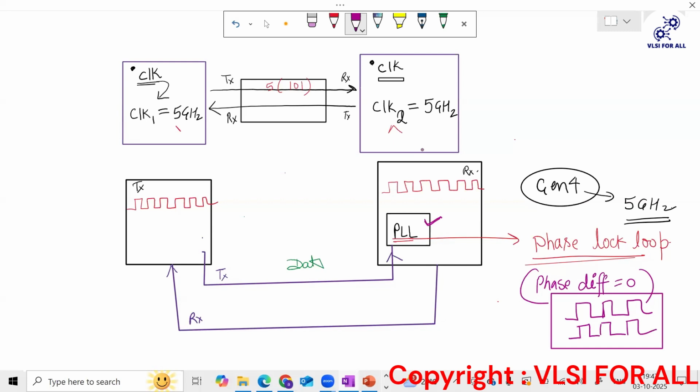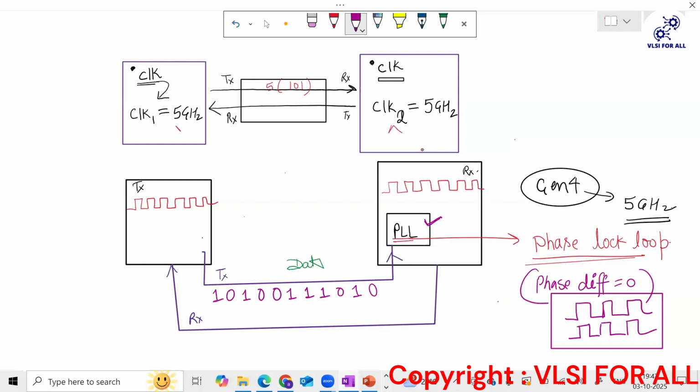And how will this PLL do this job? I mean, how will this PLL ensure there is no phase difference? So whatever data we are transferring, that data pattern. Because it's a single pin, the transition will happen. Sometimes there is no transition, but definitely after a point, the transition will happen.